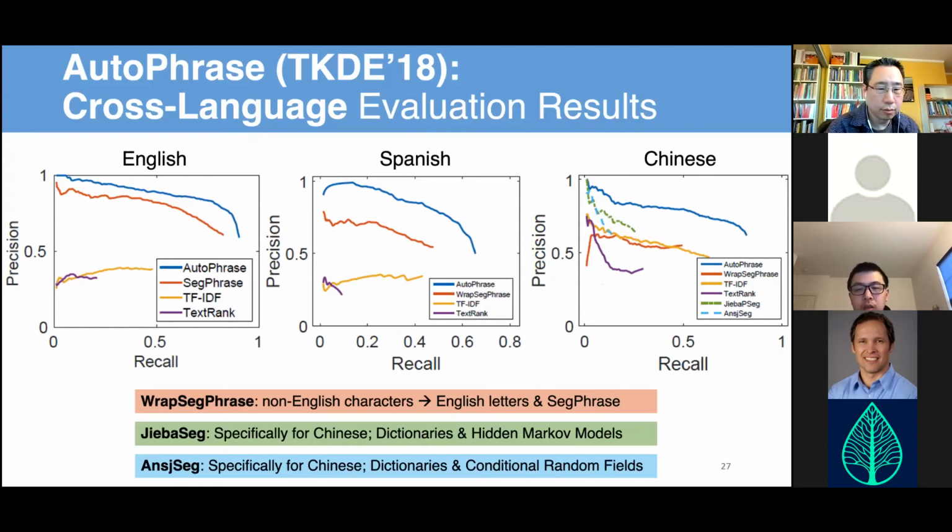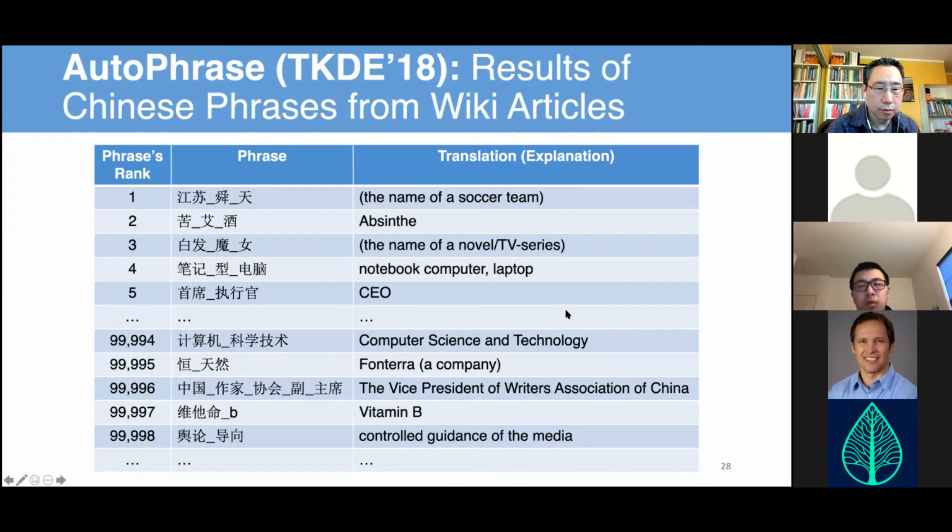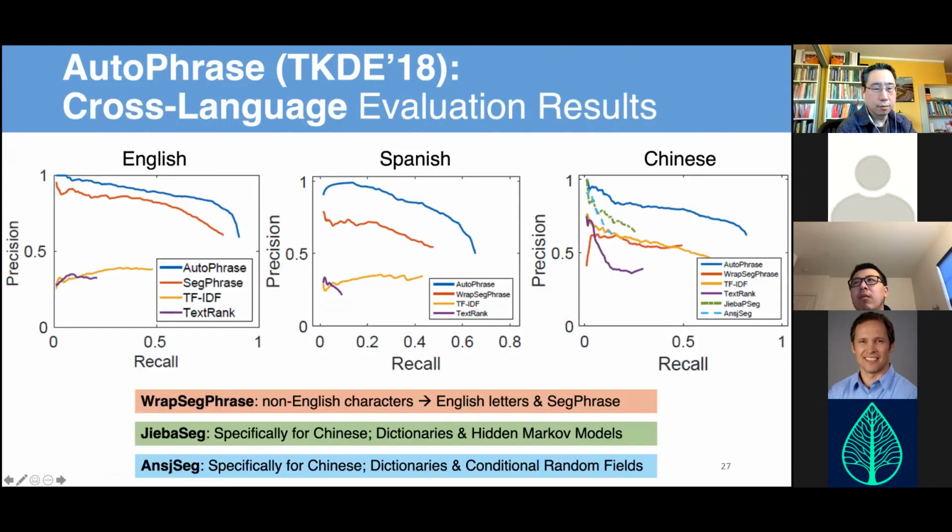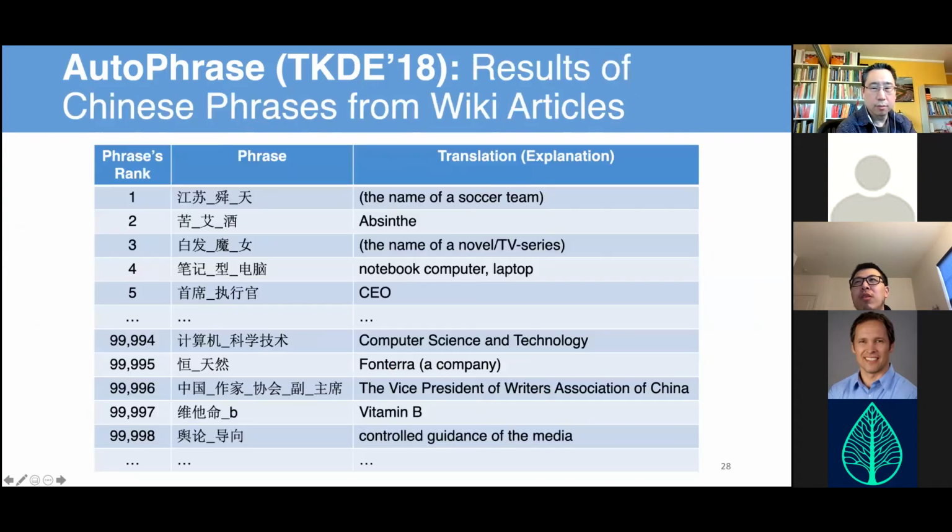Okay, so let me show you some examples about what other phrases we can get. Since for the Chinese one we have the most significant improvement, let me show you some examples here. So these are the phrases we got. The underscores are the white space inserted by the tokenizer. So in Chinese, there's no white space.